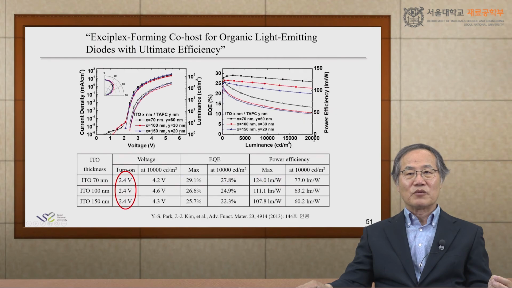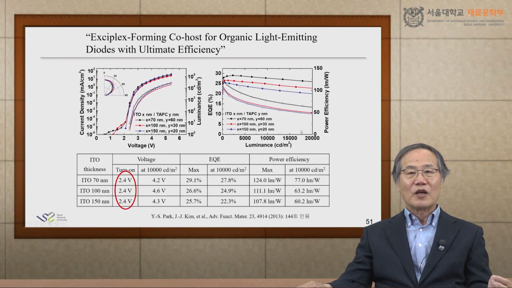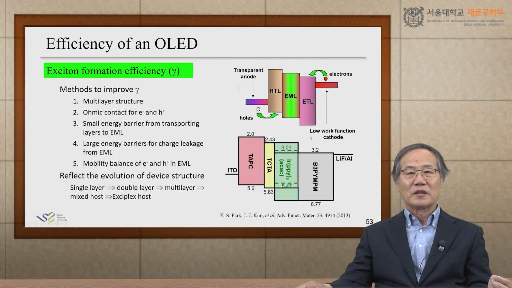So usually people do that this way. So just extract this value by measuring this, and knowing this value, and the PL quantum yield, and outcoupling efficiency calculated. Then we just get these values. I'll show you in the later part.